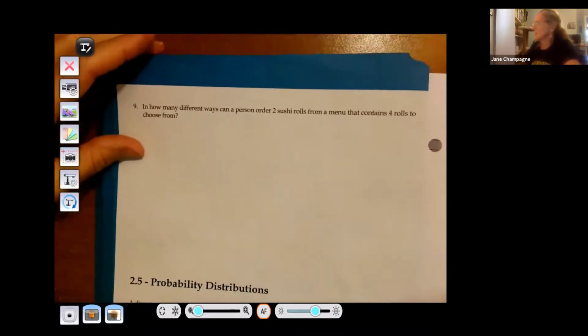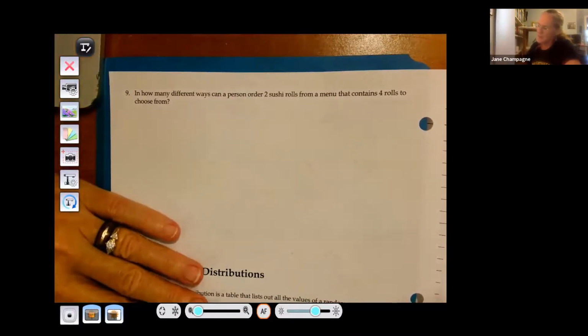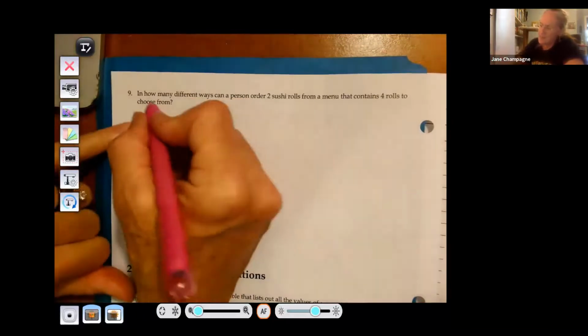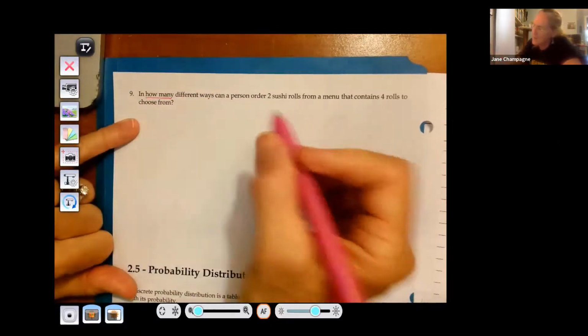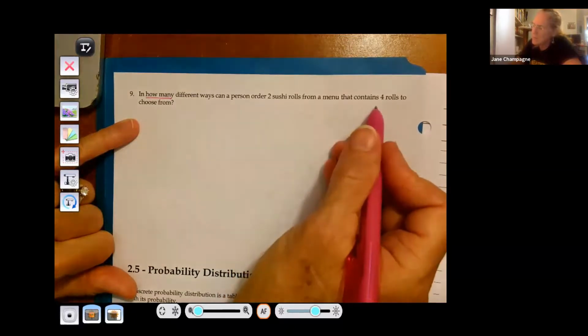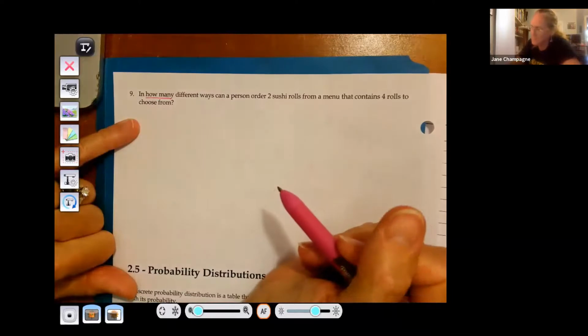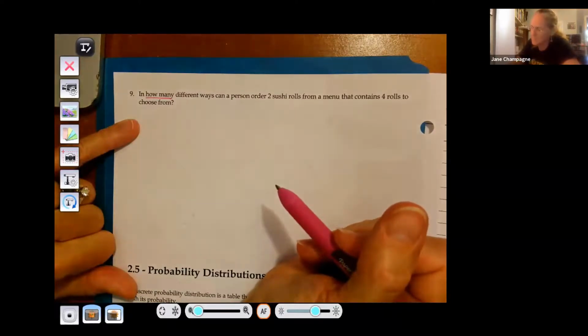Last one. In how many different ways, so it's another how many, can a person order 2 sushi rolls from a menu that contains 4 rolls to choose from? Well, I don't think you care what order.